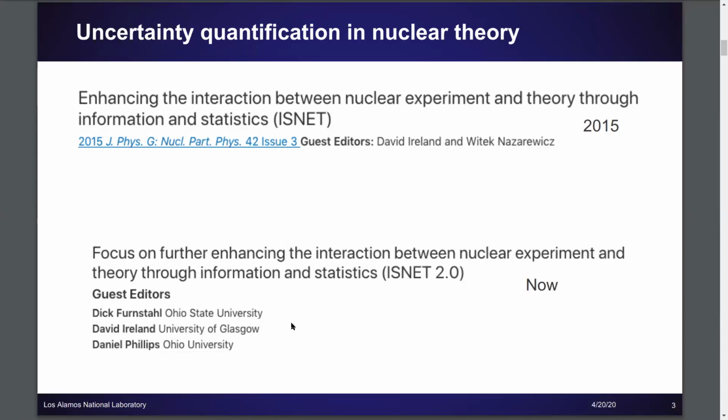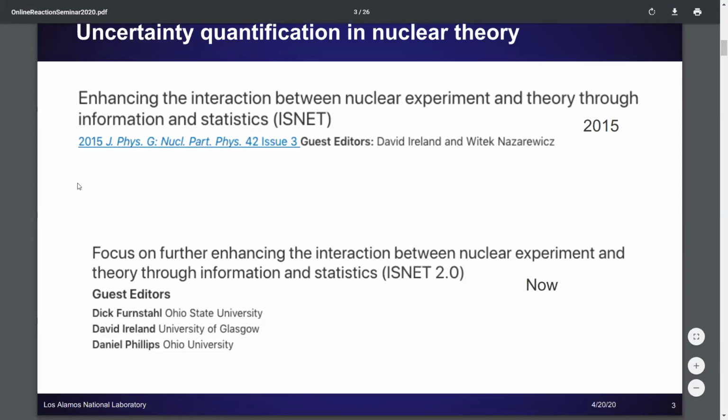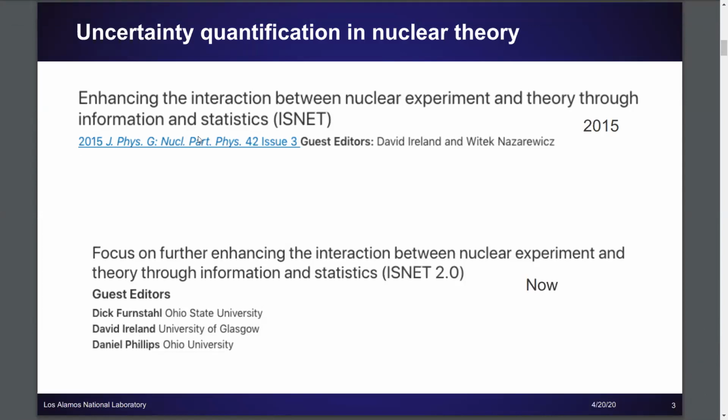So instead, I'm putting up these 2 overview papers that were special issues in JPhysG, one from 2015 that kicked off this collaboration that's been going on between nuclear theorists, experimentalists, and statisticians to really get at quantifying theoretical uncertainties. And there's actually right now going on, and accepting publications, the second version of the paper, which is up and constantly being added to on JPhysG.